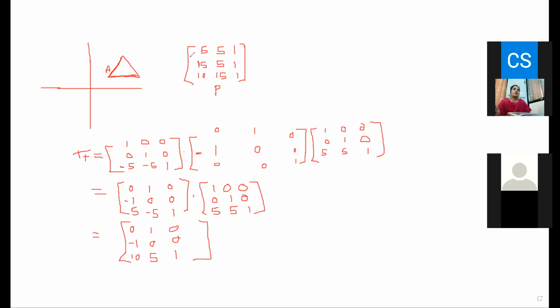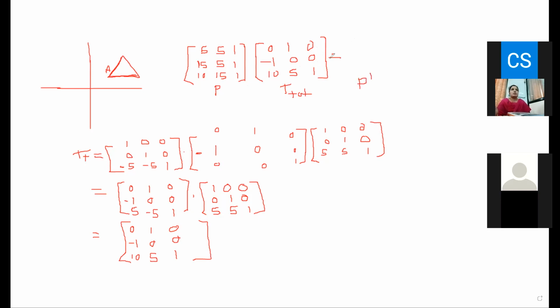And now when I multiply it with T total, so that is 0, P into T total is 0, 1, 0, minus 1, 0, 0, and 10, 5, 1. So I will have P into T total as my P dash.